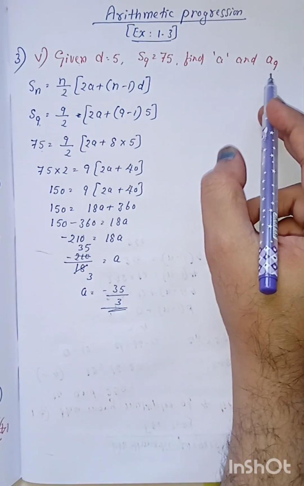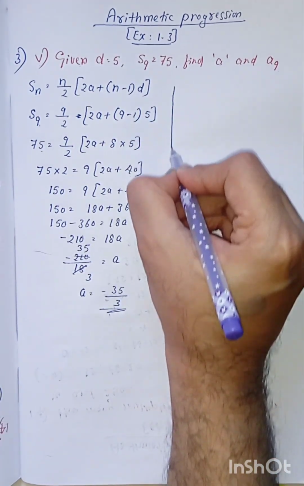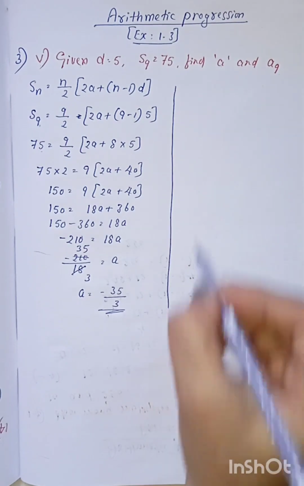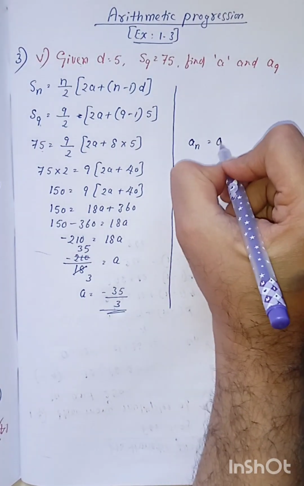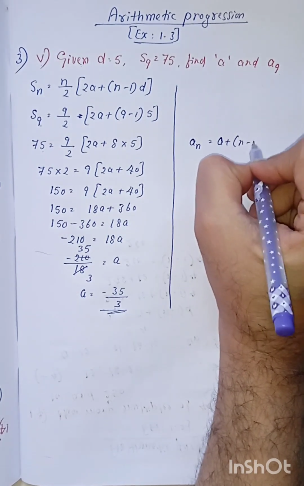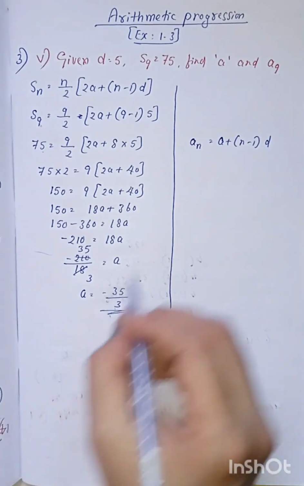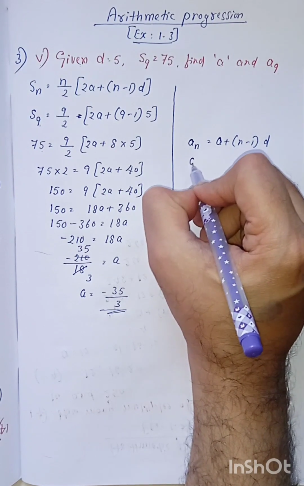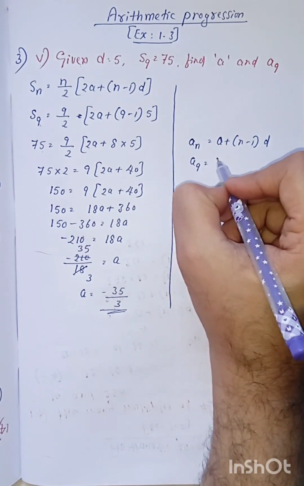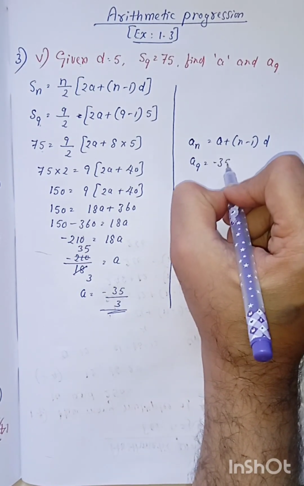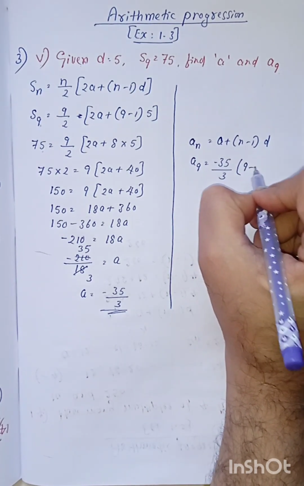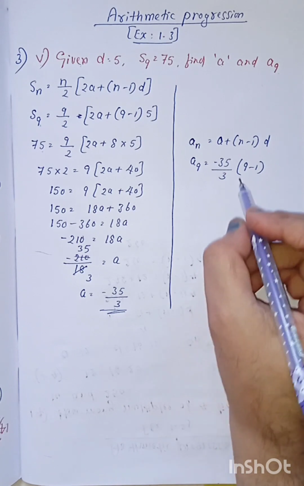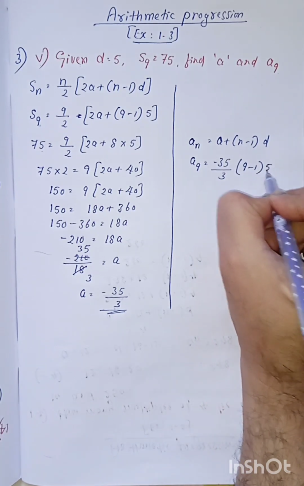So with the help of this, now we can find the value for a9. So just take this formula, an equals a plus n minus 1 into d. Now an means a9 equals a means minus 35 by 3 plus n means 9 minus 1 and d means 5.